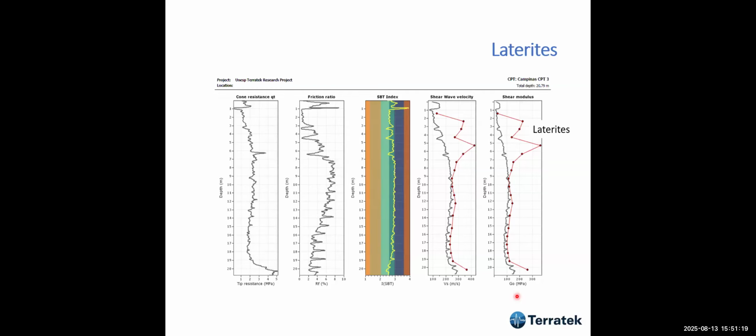When you're dealing with tropical soils which show a layer of laterization. What's laterization?